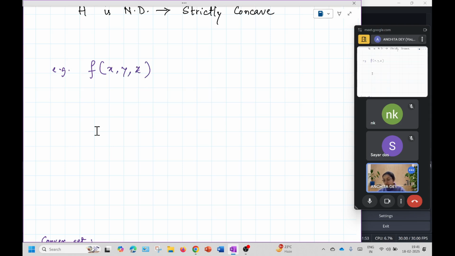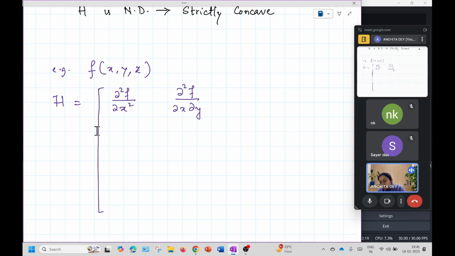Here the Hessian, I will write it as simply H, is equal to, because we are doing twice differentiation here, dou square f over dou x square. Let me just write it down. That means you will take all possible combinations of differentiating x with x, x with y, x with z, so on and so forth, like y with y, y with z, y with x. Okay. So we have dou square f by dou x dou z.